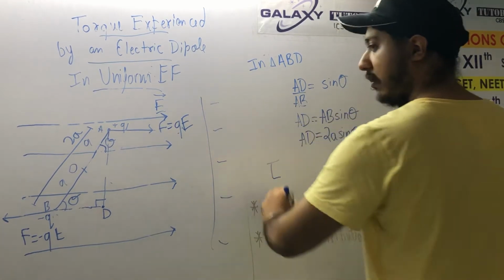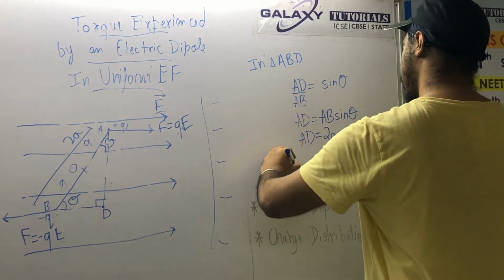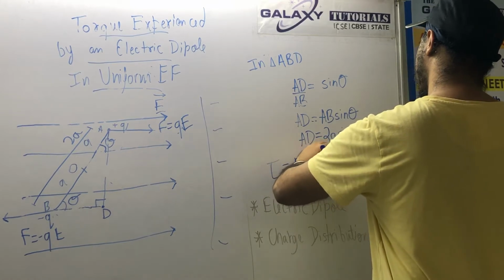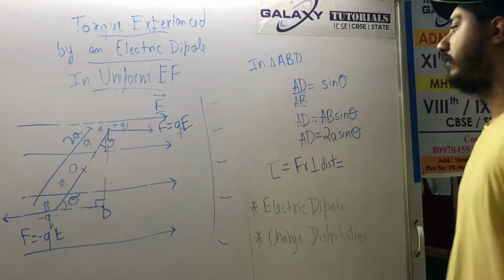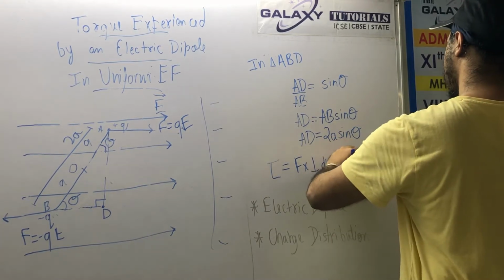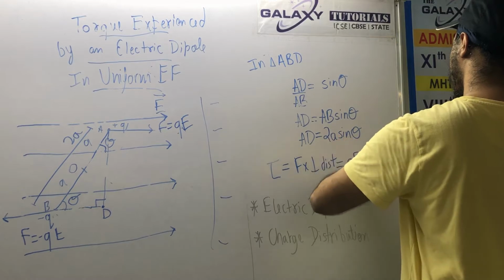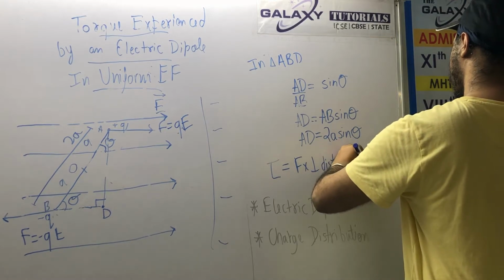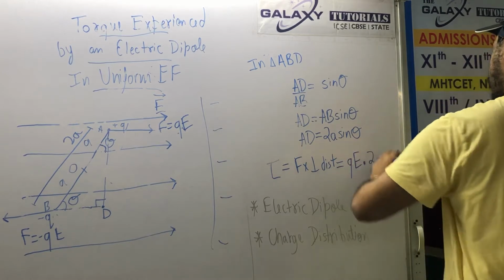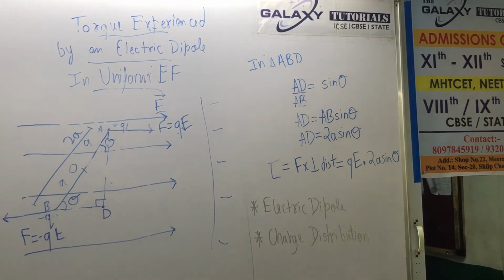What will be torque? Torque will be force into perpendicular distance, that will be equal to QE into 2A sin theta. I hope this formula is clear to you all.